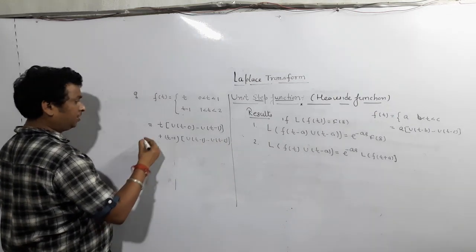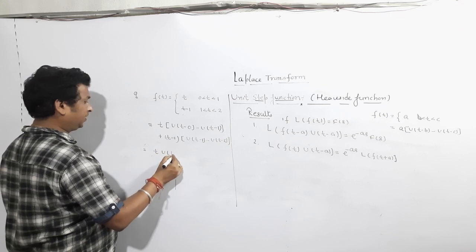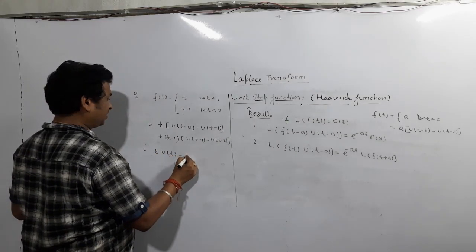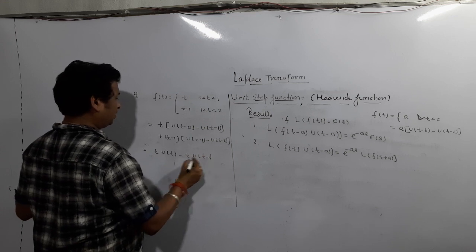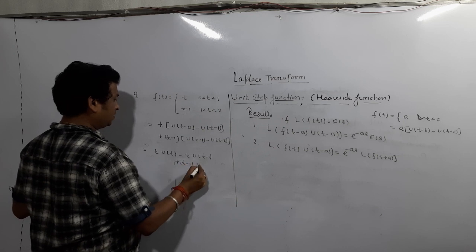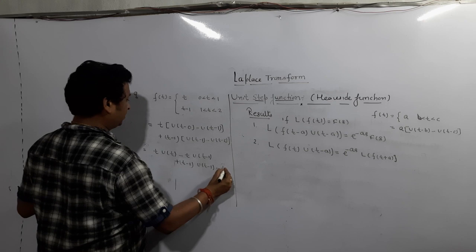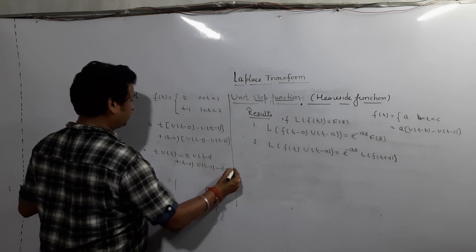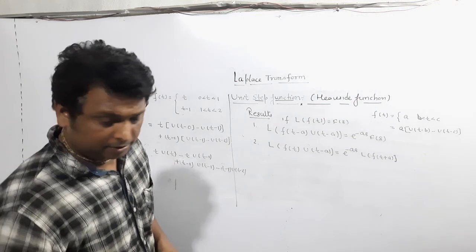So multiply, it is t u(t) minus t u(t minus 1) plus (t minus 1) u(t minus 1) minus (t minus 1) u(t minus 2). Simplify, what will we get?